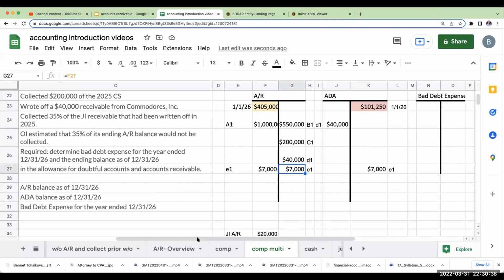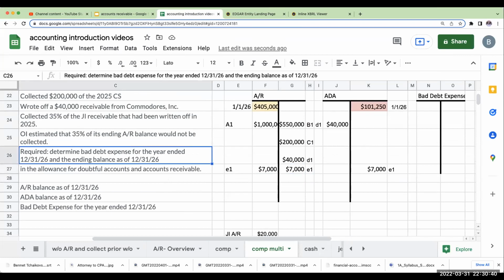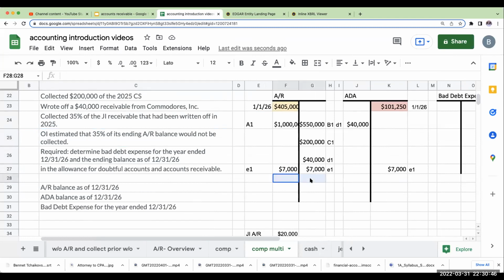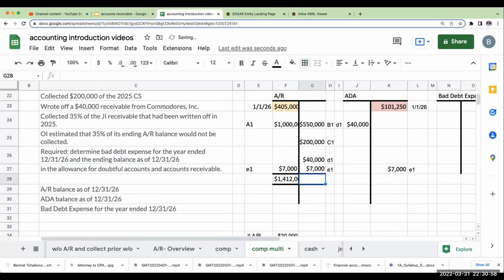Okay, now we're being told that we're estimating that 35% of our ending accounts receivable would not be collected. So now what we're ready to do is to go through and let's add things up. So the first thing I need to do is to figure out how much AR do I have as of the end of the year. Okay, so I've got $1,412,000, which was the beginning balance.